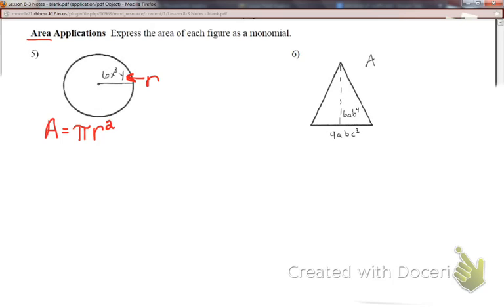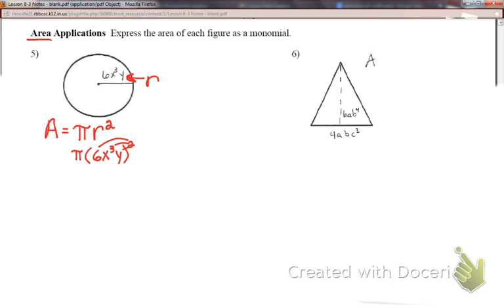Okay, so for this problem, you just plug in, you go pi, and then plug in your radius. So in parentheses, I'm going to put 6x to the 3rd y, and then I'm going to put the squared on the outside of those parentheses. So we're using the third rule, which was the power of a product, and that's just where we basically are distributing that exponent to each item inside of those parentheses.